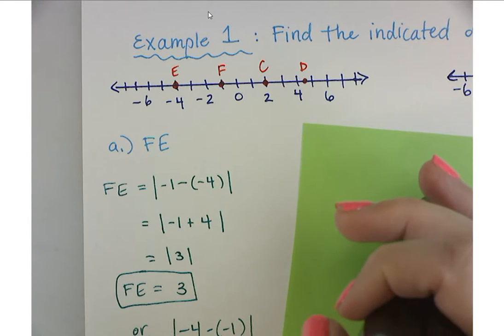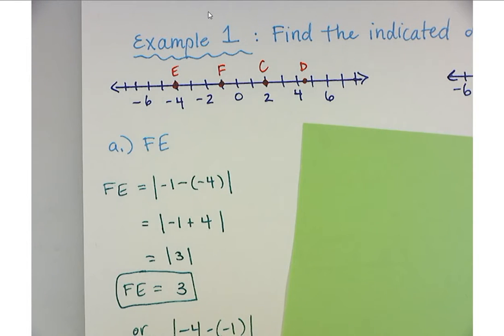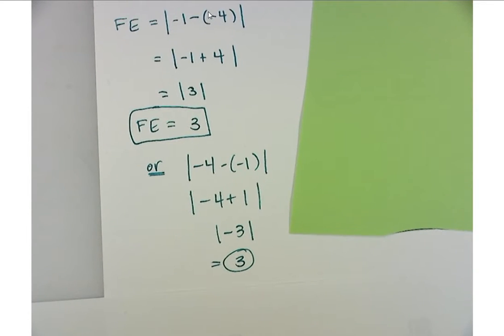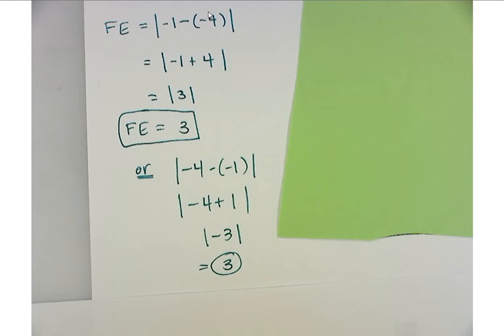Because if I do -1 minus -4, or if I do -4 minus -1, I'm going to get the same result. So -4 plus 1 would be -3, which is going to give me 3. Okay, so using that example, I want you to go ahead and do B and C.